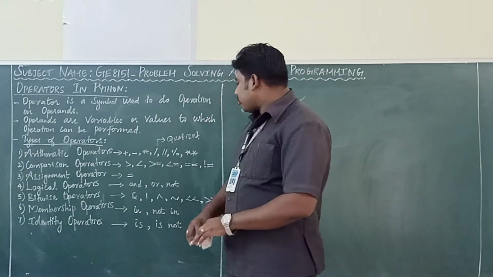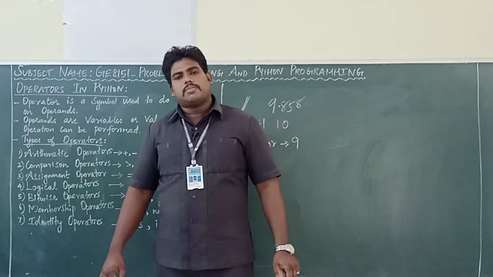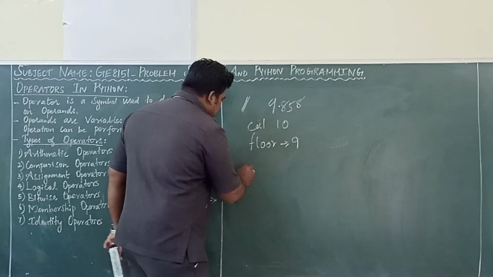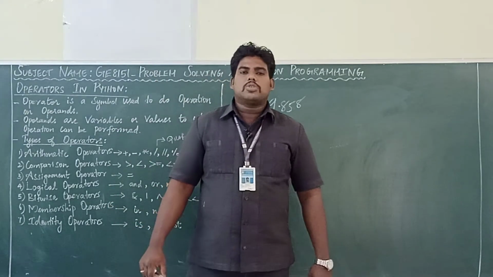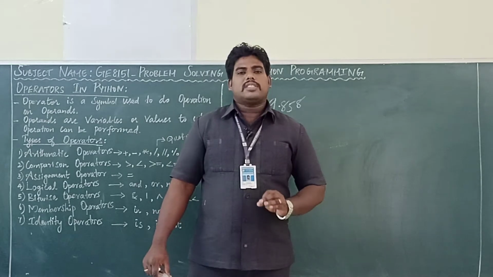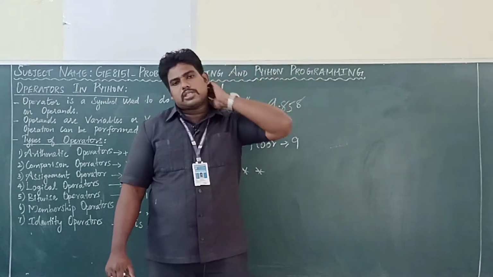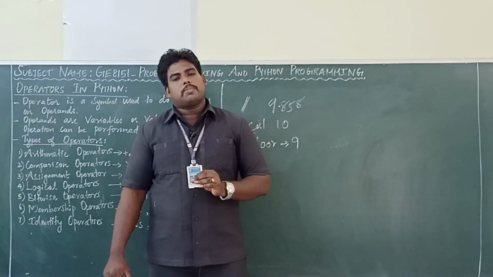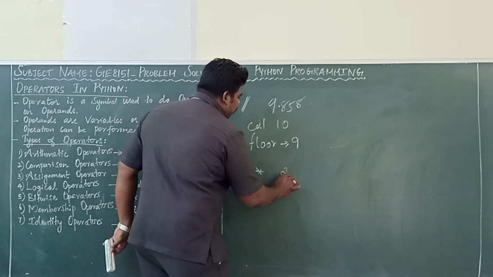Then, what is this double star? Anyone aware of the double star symbol? This double star is used for exponent. We say it is an exponent symbol or exponential symbol. For example, normally you find 2 square.